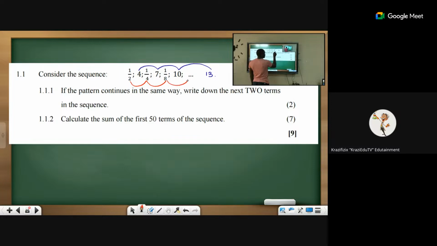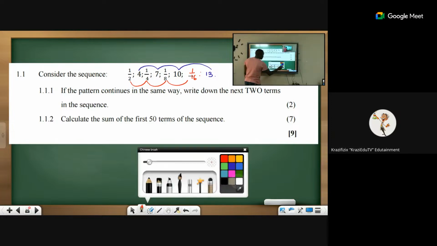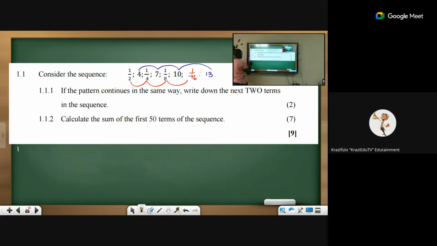If I continue, 1/16. So it is a combination of arithmetic and geometric. I don't know if you see that. So 1.1.1, next 2 terms, 1/16, that's the geo part, and 13.